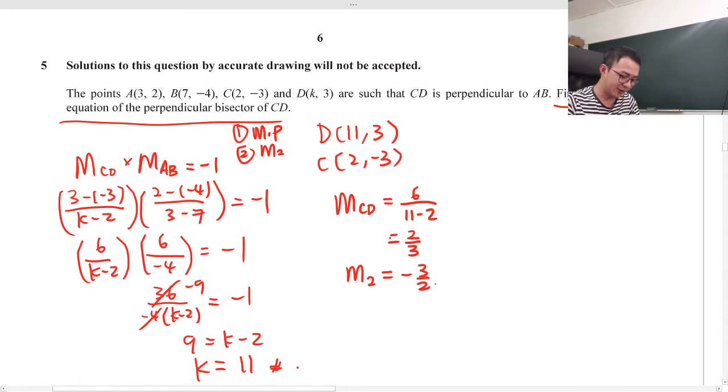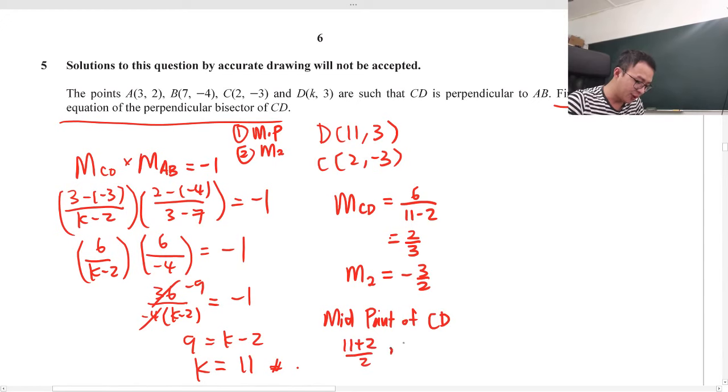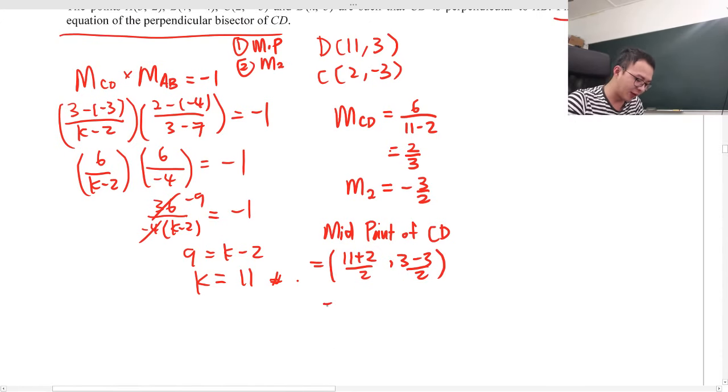The next thing I need to find is the midpoint of CD. It's basically x plus x over 2 and y plus y over 2. I will just solve like normal, so this is 13 over 2, this is 0.